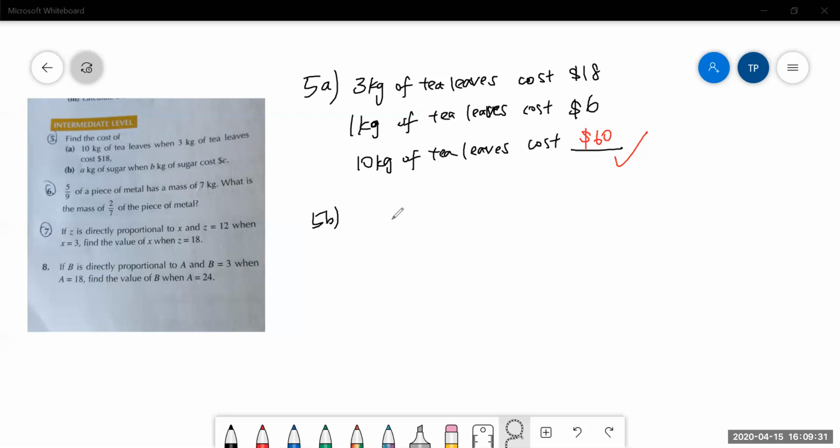Okay, so find the cost of A kg of sugar when B kg of sugar costs C dollars. So B kg of sugar costs C dollars, right? Okay, so to find A kg of sugar, very simple. We just need to find how much 1 kg of sugar costs, right?